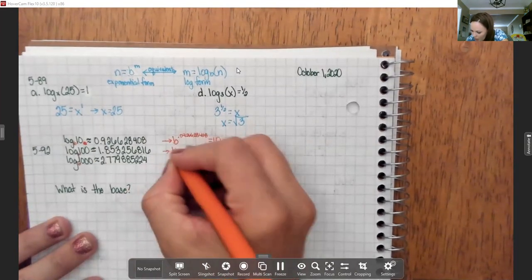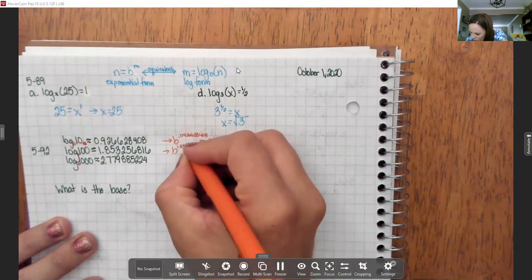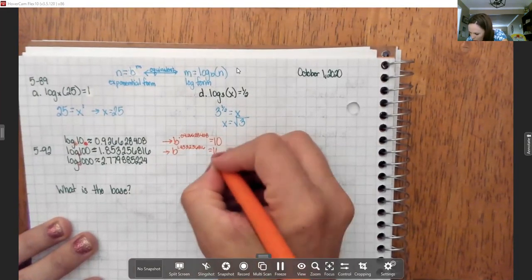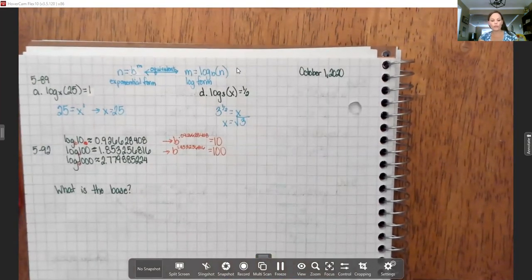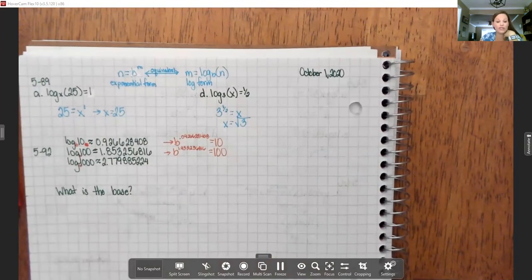This one would be b to the power of 1.853256816 equals 100. What you're doing on this problem, and we could write it for this one, it doesn't tell us you have to, your goal basically is just to figure out what the base is.